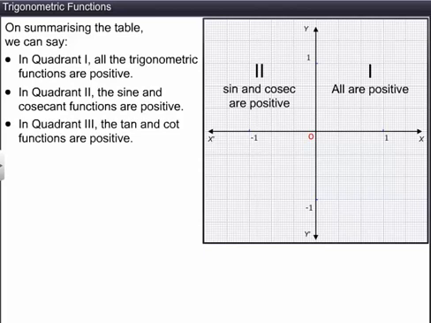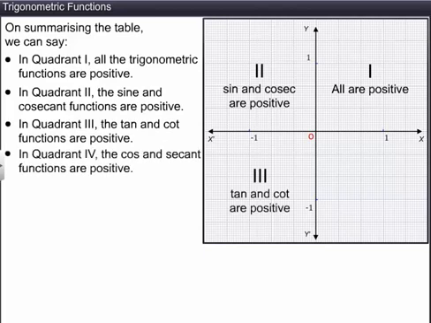In quadrant 3, the tan and cot functions are positive. In quadrant 4, the cos and secant functions are positive.